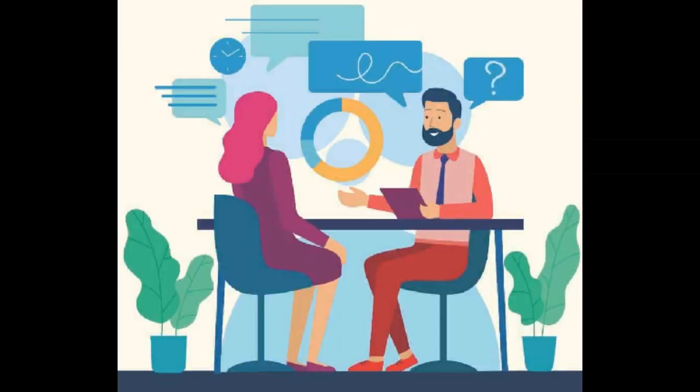Another example is a job applicant who takes a performance test during the interview process. If this test accurately predicts how well the employee will perform on the job, then the test is said to have criterion validity.